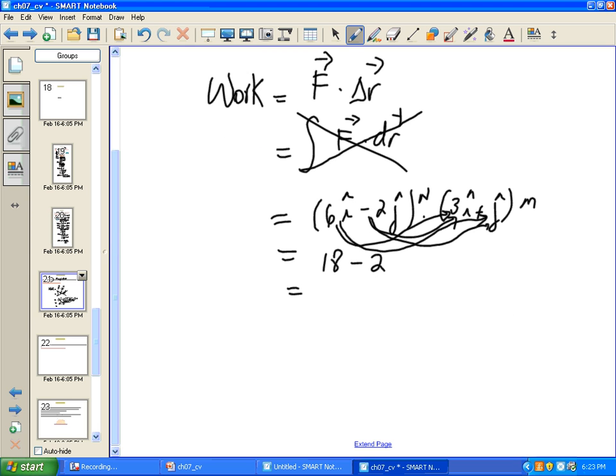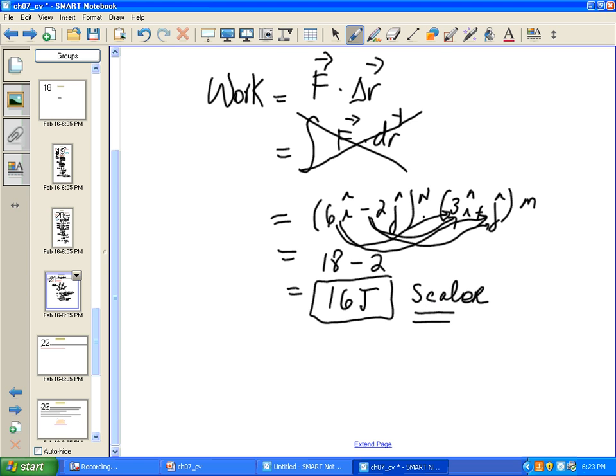So the work done by this force is 16 joules. Okay, 16 joules. Notice that it's a scalar. Work itself is never a vector. It can either be positive or negative, but it will never have a unit vector associated with it. No I hat, no j hat, no k hat.